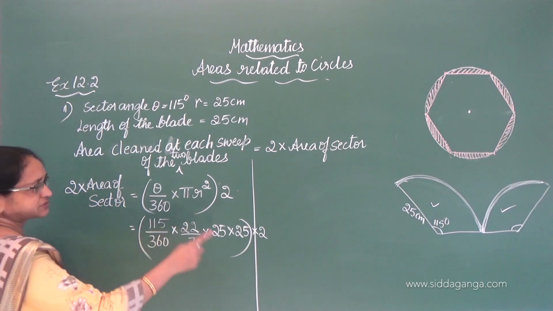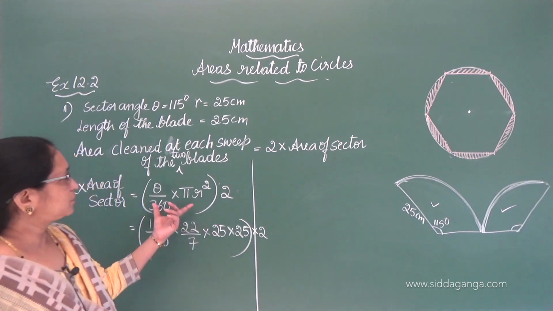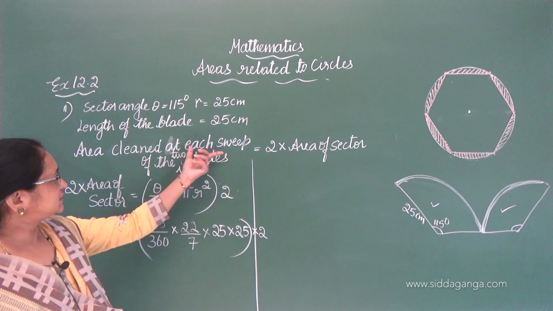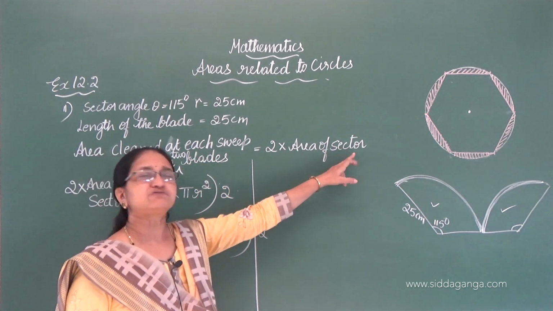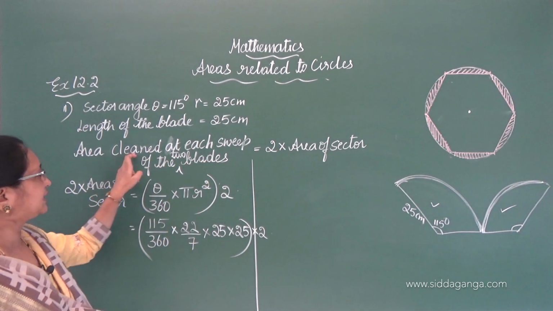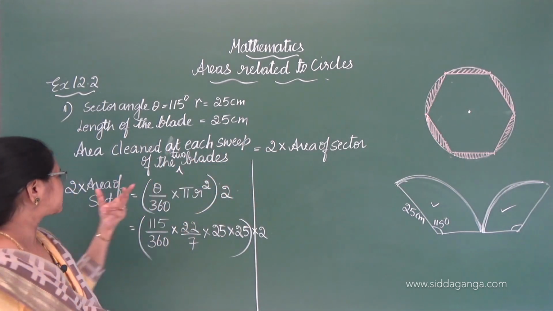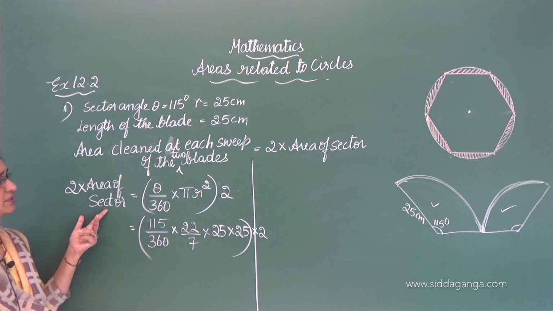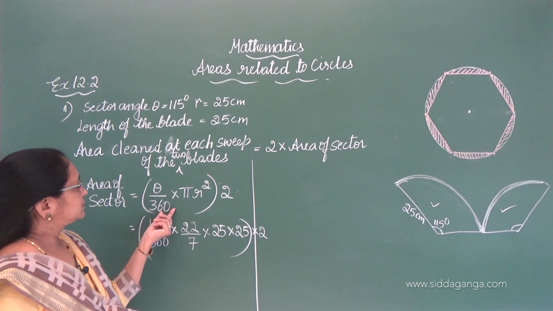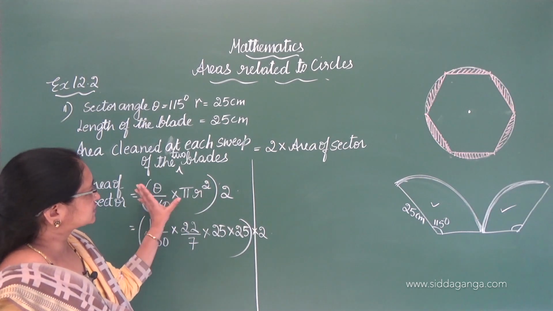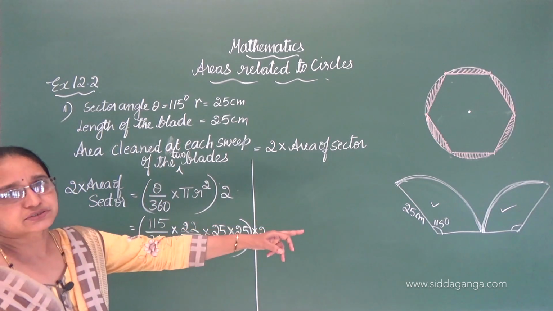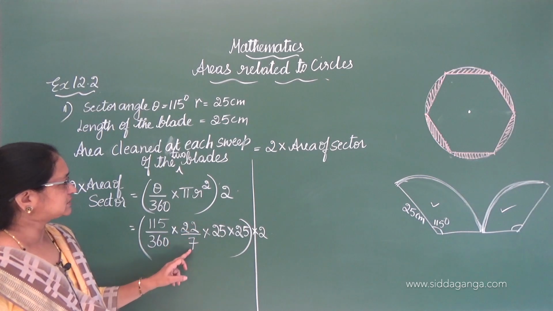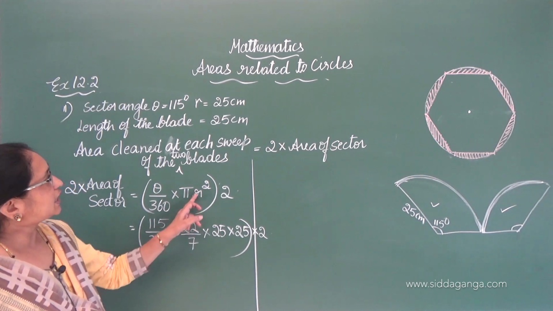Okay, it will be easy for us for calculation now. I hope you understood. Area cleaned at each sweep of the 2 blades will be 2 into area of sector, or you can write it as total area cleaned also. Next, 2 into area of sector will be given by theta by 360 into pi r square. This is the formula, into 2. So 115 is the sector angle, 22 by 7 is pi value, and r is radius.